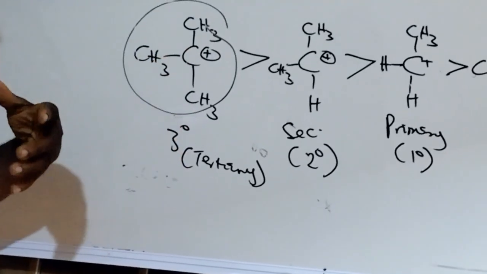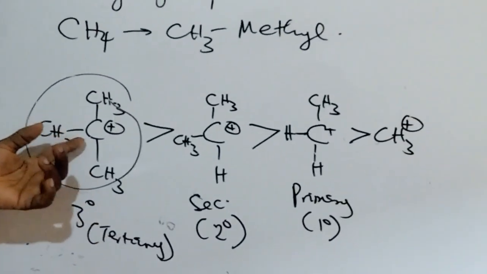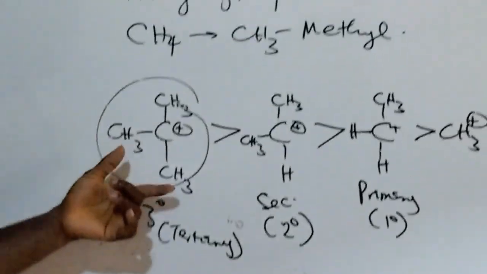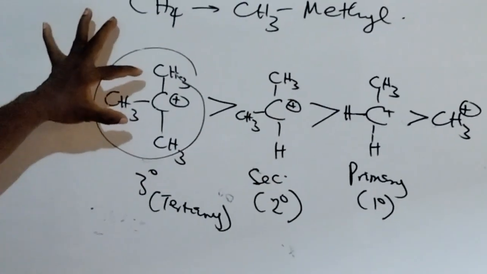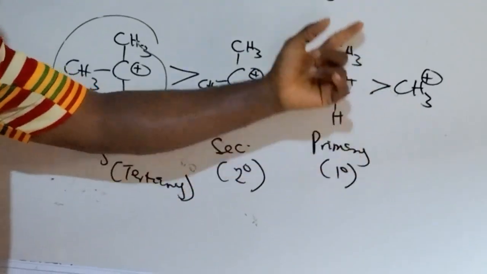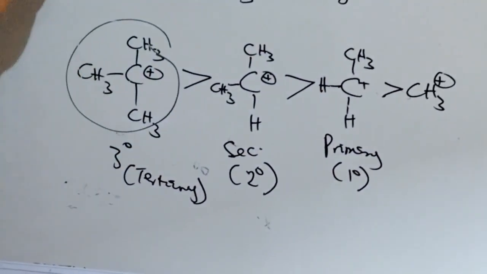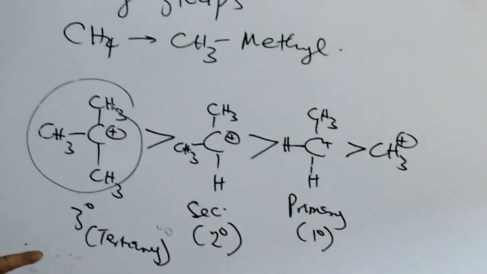That's what is known as hyperconjugation. So the tertiary alkyl group experiences higher hyperconjugation than secondary and primary. That is why the tertiary alkyl group exerts higher inductive effect than any other alkyl group. So that is what is meant by positive inductive effect.